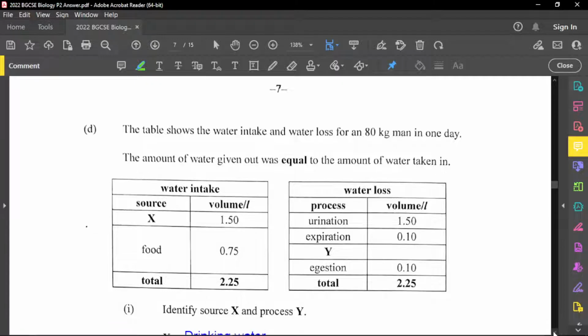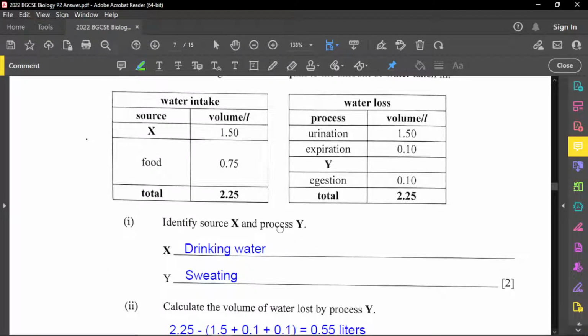All right, so let's identify source X and process Y. And so source X is a very large quantity of water compared to food. And so that will be like drinking water directly. So it's drinking. All right, so drinking water or bottled water, whatever you want to say, but a water source is a water source, drinking of water directly.